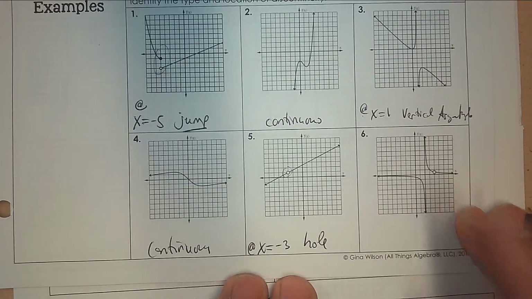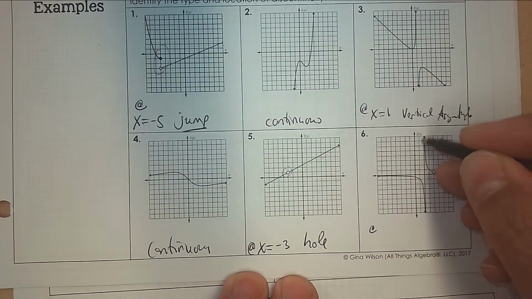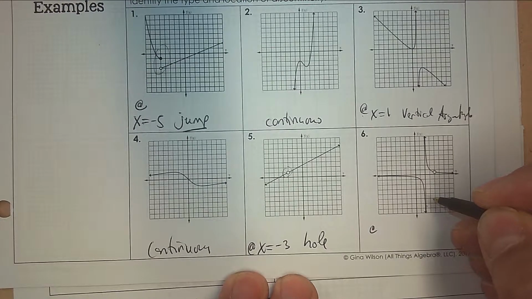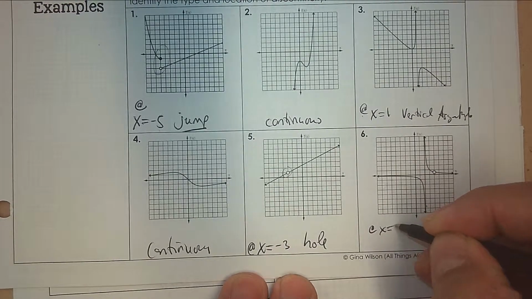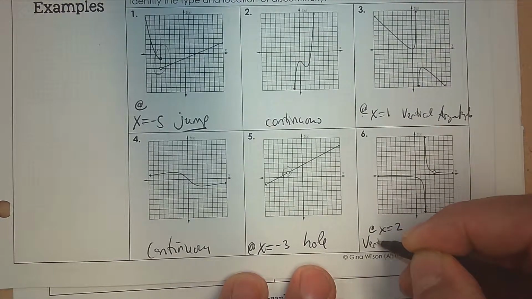Here, we have actually two of them. We have one at a discontinuity. And I know it looks like it's a little darker here, but that is an asymptote. So at x equals 2, we have an asymptote.